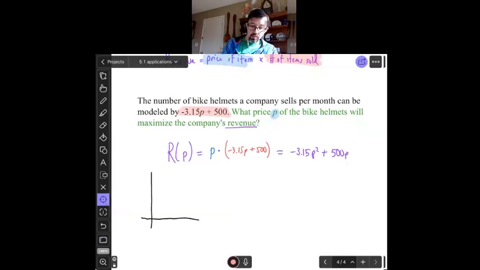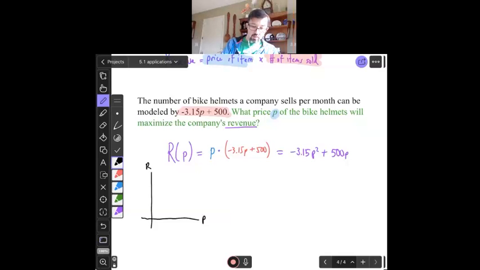Again, if you want to sketch it out to make more sense of it, P would be where our X is, so this would be our P axis, and then this would be our R axis. P stands for the price of the item. Of course, it would be in dollars. And then revenue would be our Y axis. That would also be in dollars.